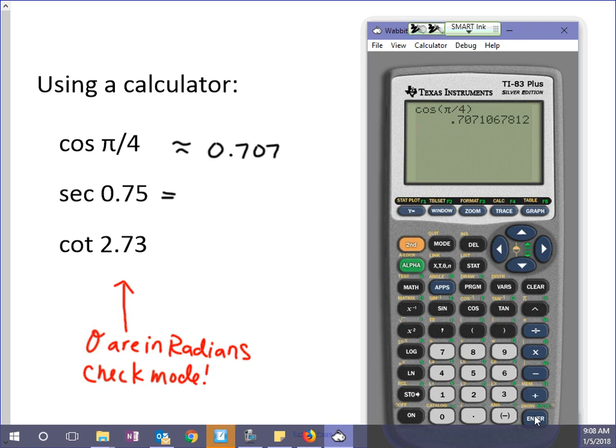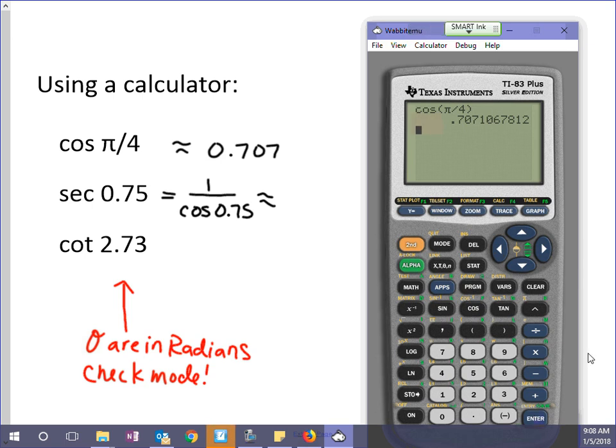Yes, excellent. So there are really 6 trig functions: the 3 basic trig functions, and then they're reciprocal functions. That would just mean flipping it. So secant is the reciprocal of cosine. So we would do 1 divided by cosine of 0.75, and then we can type that into our calculator.